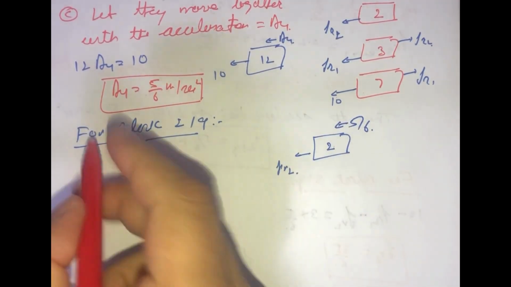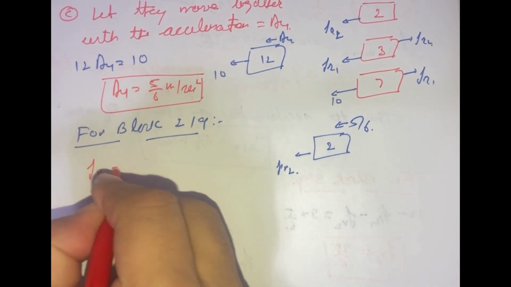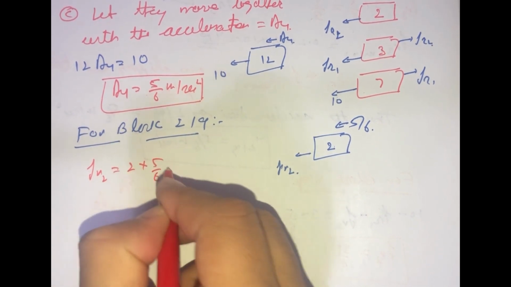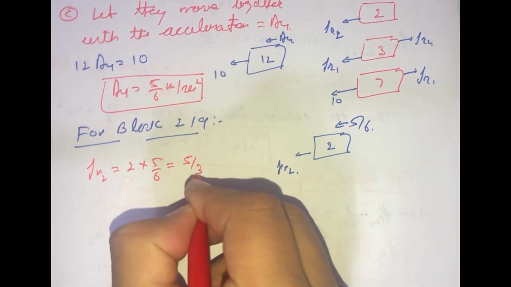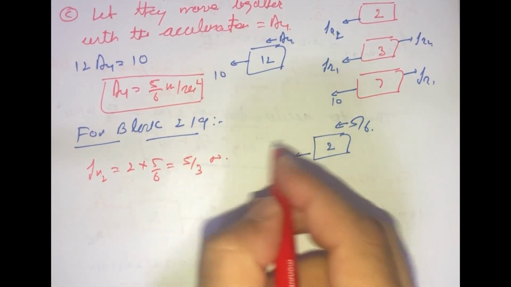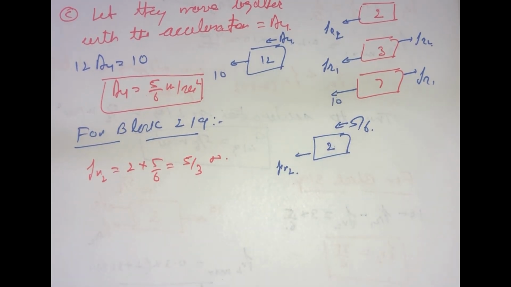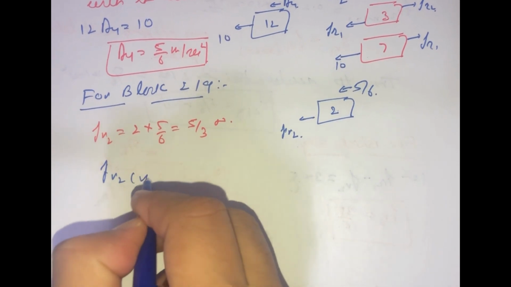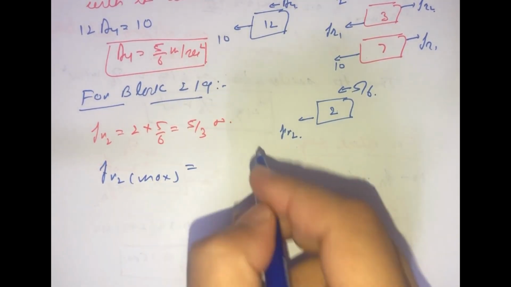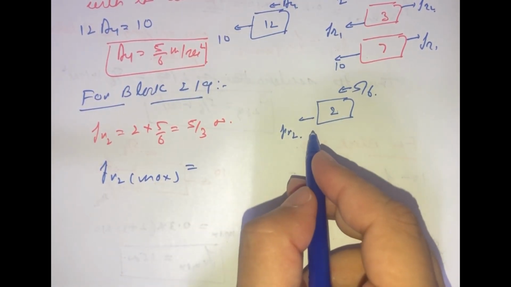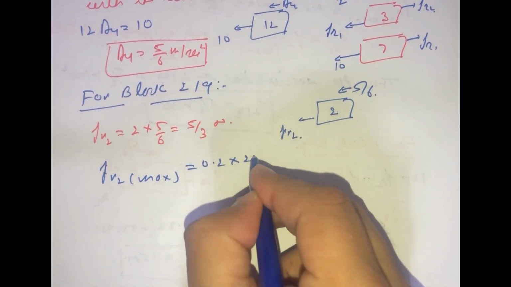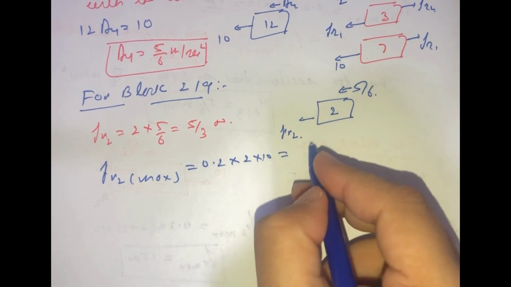So our FR2 will be equal to mass into 5/6, that is equal to 5/3 Newton, and the maximum FR2 max will be equal to, coefficient of friction is given as 0.2, and we have weight of 2 and this is 10, this will be coming as 4 Newton.